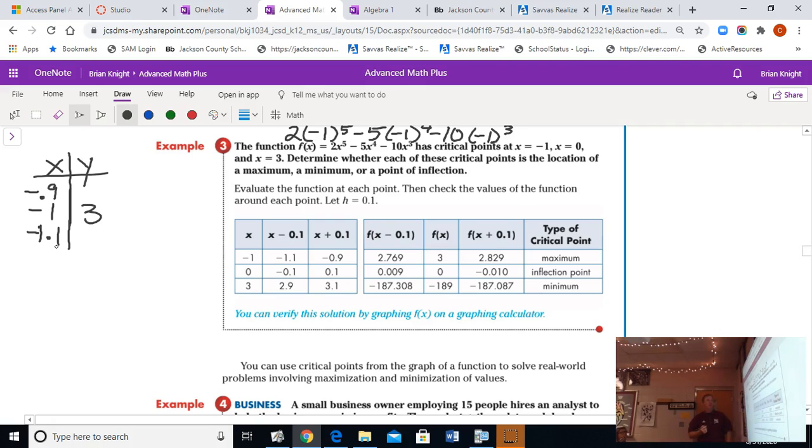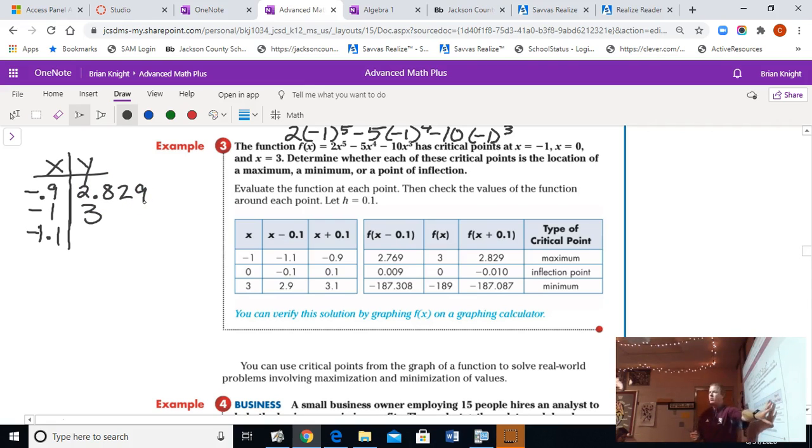And what do you get? It will be a decimal. 2.829? Okay.